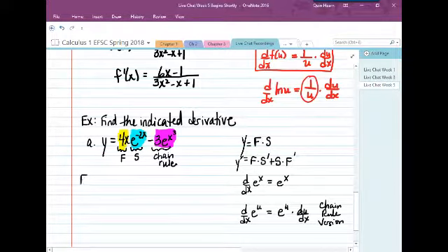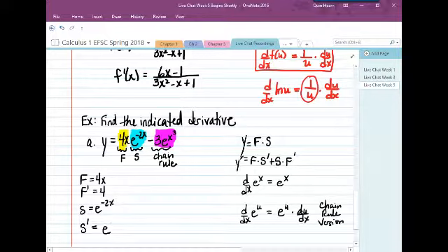So if our first function is 4x, its derivative, f prime, is just 4. And if our second function is e to the negative 2x, then its derivative will require a chain rule because we have something other than x in the exponent of the e. So we're going to take the derivative of that.